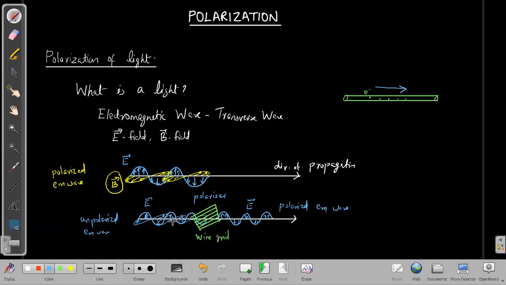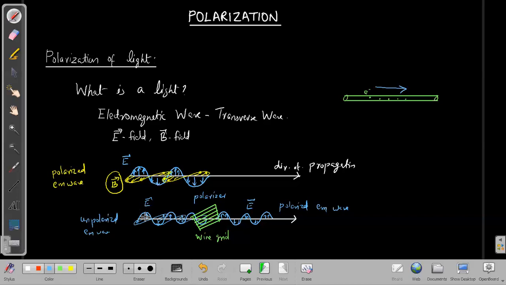So the magnetic field oscillation is always present, and that is why we have just ignored it. Otherwise the discussion will be very complicated. So for the time being we just focus on how the electric fields are oscillating, and from that you can say whether that electromagnetic wave is polarized or not.